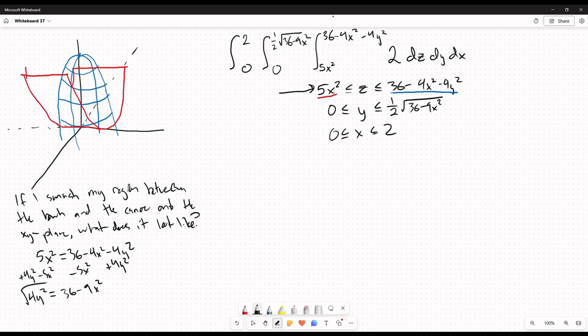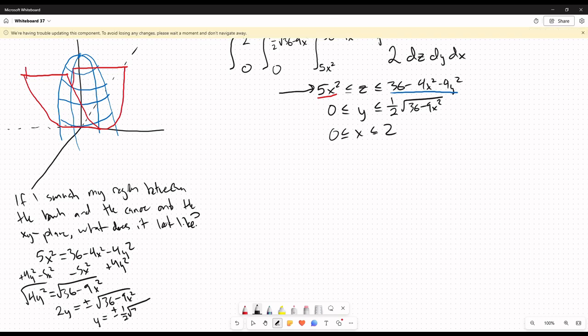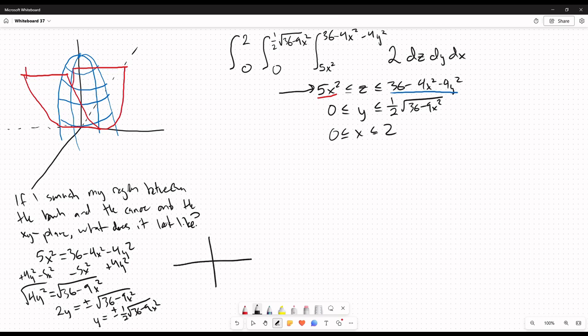You can go ahead and square root both sides. We get 2y equals plus or minus square root of 36 minus 9x squared. And then finally, we get y equals plus or minus 1/2 square root of 36 minus 9x squared. And you may or may not know this, but that shape right there looks like it's going to be, what shape do we have here?